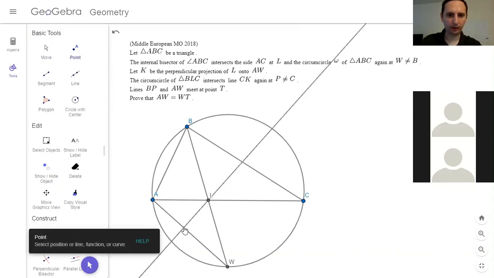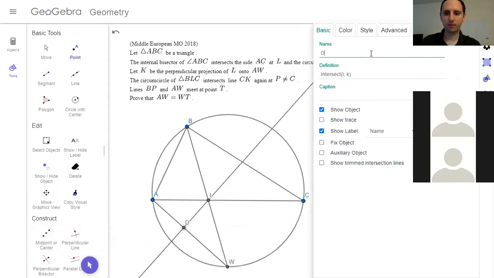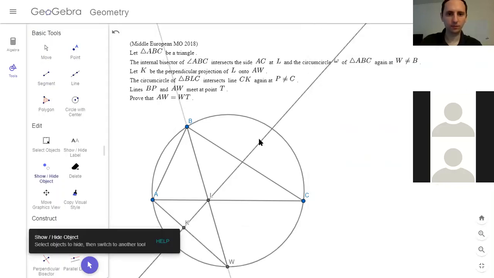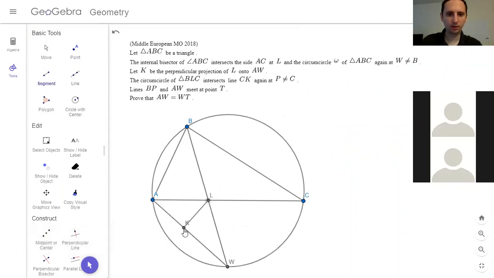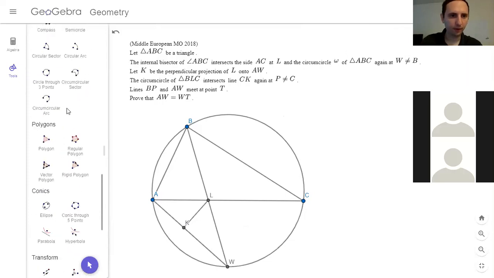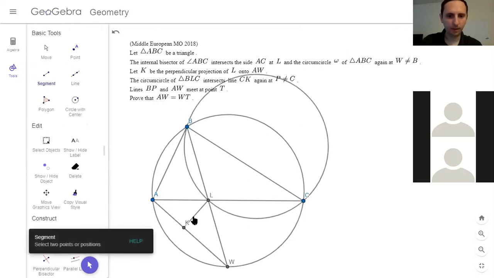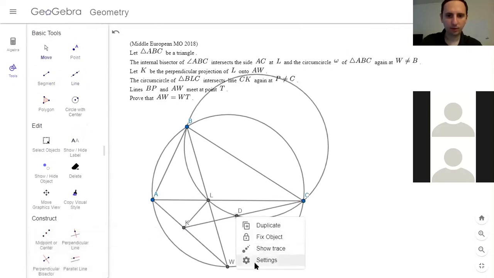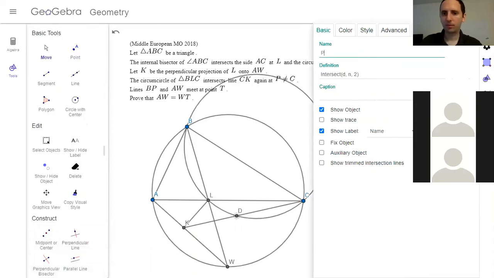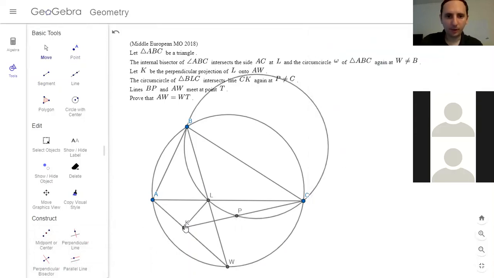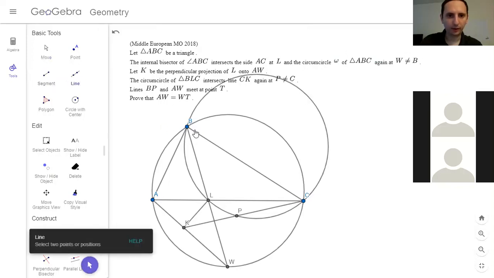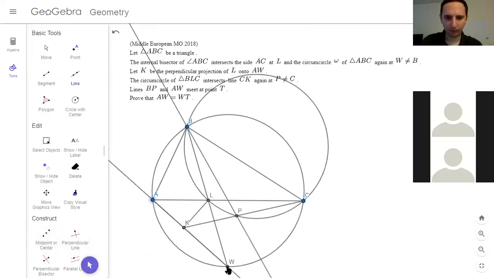So that's point K. The circumcircle of BLC meets line CK again at P. BP and AW meet at point T, so I'm going to have to make some more room here.